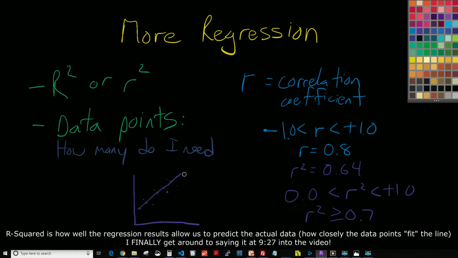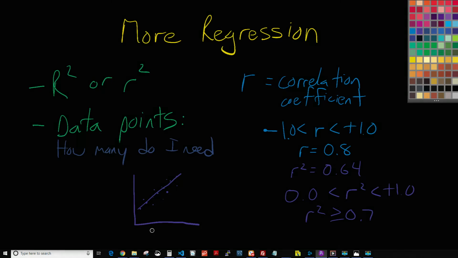We can see that it's a positive relationship, but it's not a perfect one, meaning every time I go and plug in an x value, and let's say in this case, x is GLA, and maybe this down here is 1,000 square feet, and this up here is 2,000 square feet, then this right here might be, let's say, 1,300 square feet.